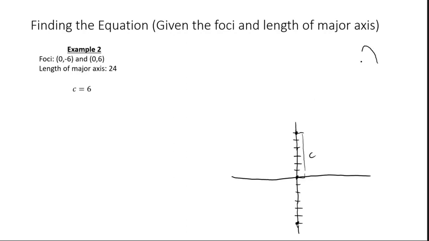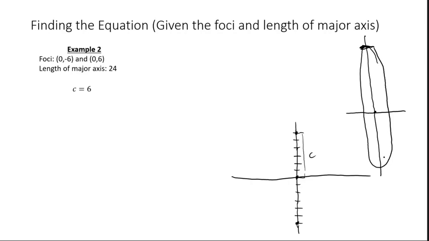If you were to sketch a picture over here, if this is your peak, the highest point, and this is your center at 0, 0. If the length of the major axis from top to bottom is 24, this is a, it's going to be half of that, which is 12. So a is half that, which is 12. So we have a and c, and we can use this to find our b value as well, which we'll need for the equation.